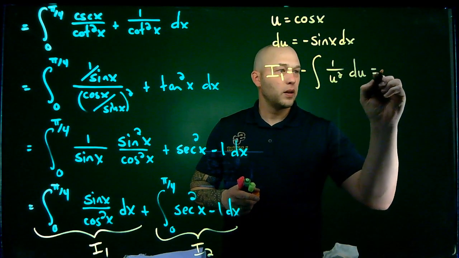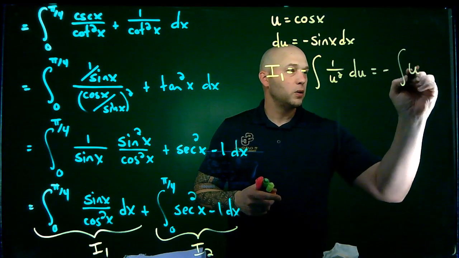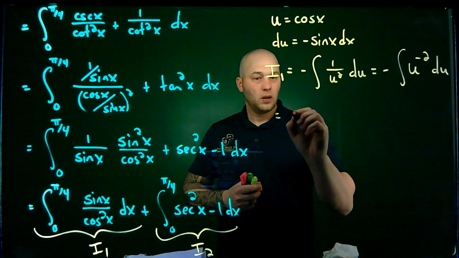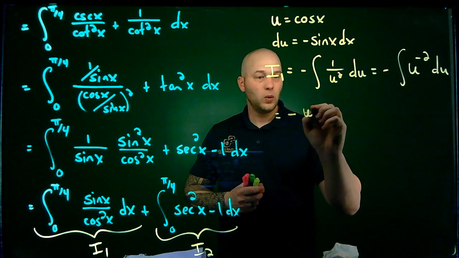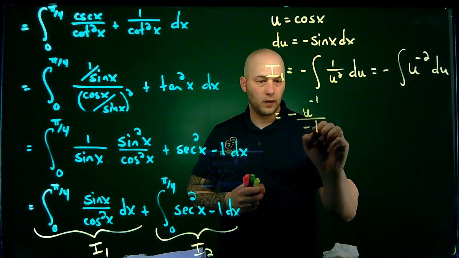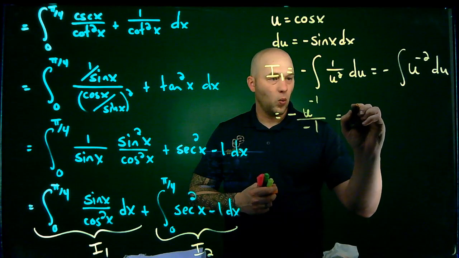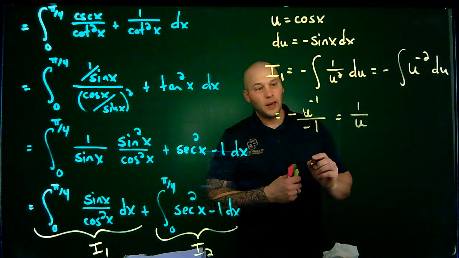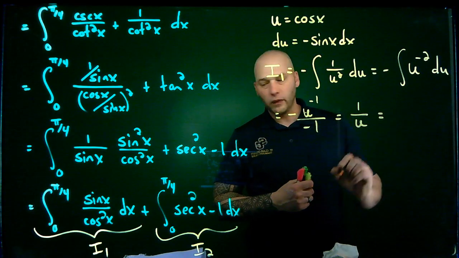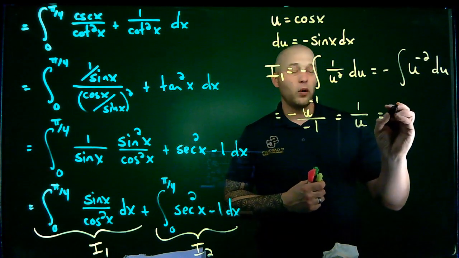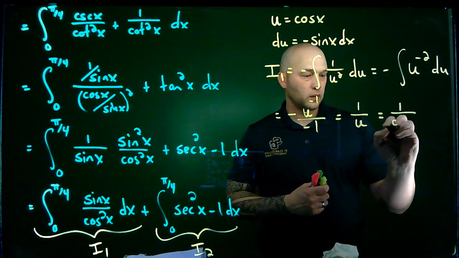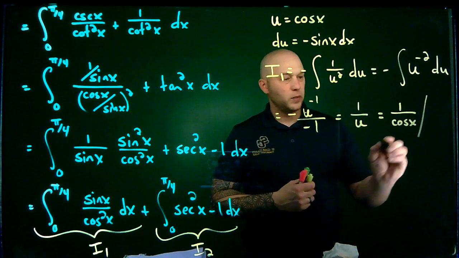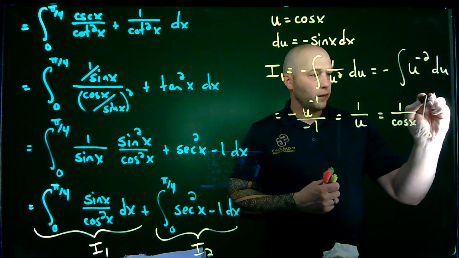In other words, negative integral u to the negative 2 du, which is negative u to the negative 1 over negative 1, which is 1 over u, right? And if I convert this back to the original variable, that means I would have 1 over the cosine, and we are evaluating x from 0 to pi over 4.